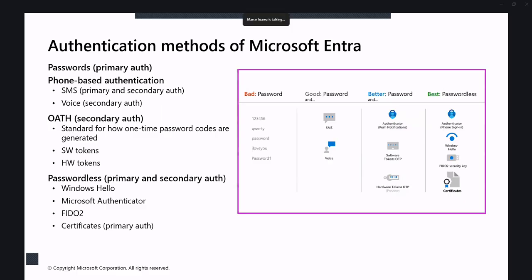OAuth might be another way of giving a second authorization line. We can use tokens, whether they are software tokens or hardware tokens. Regardless, it's a good idea to implement that other way of authentication.